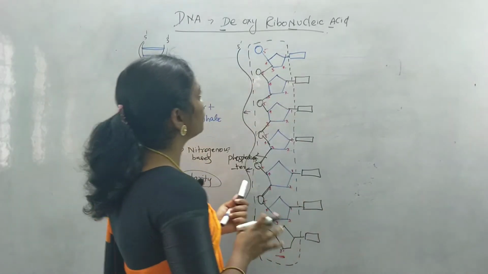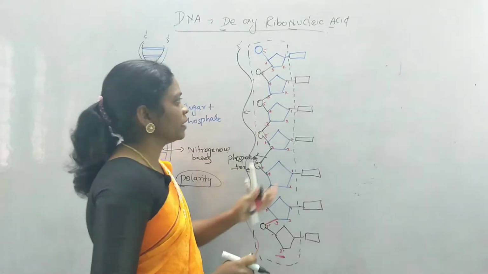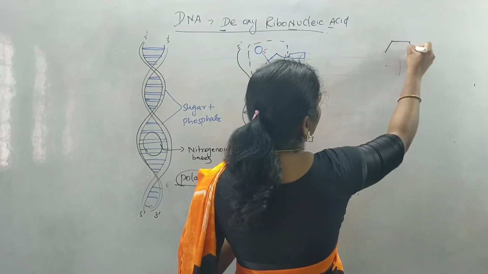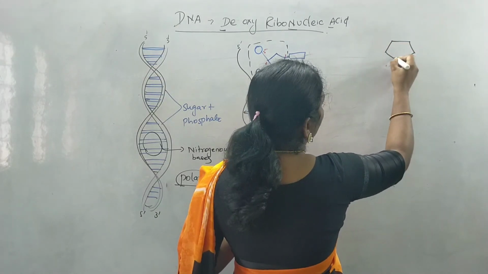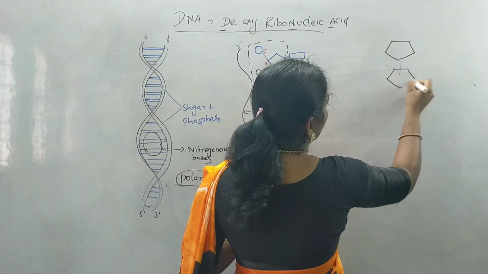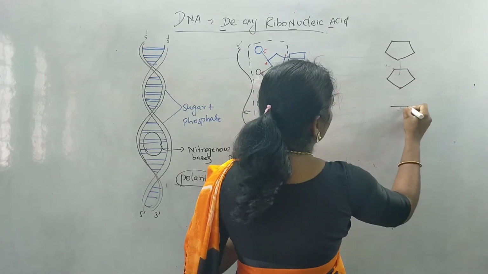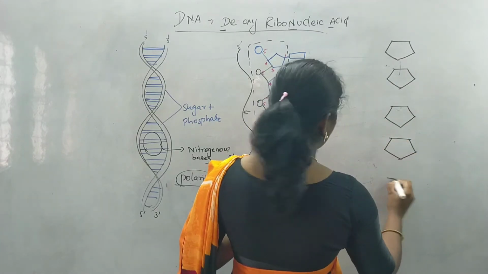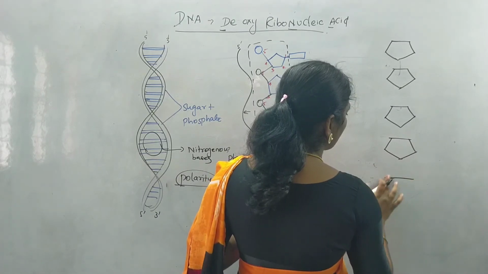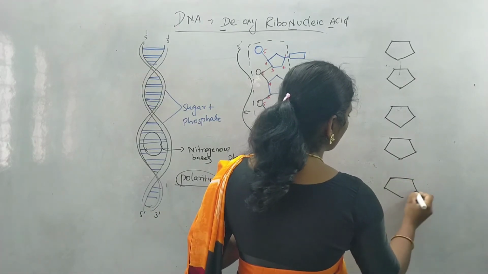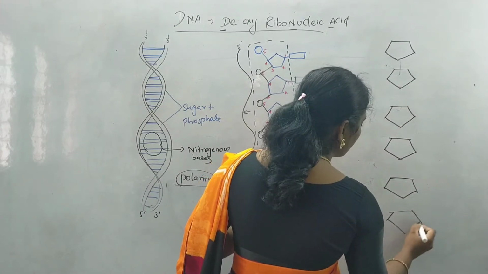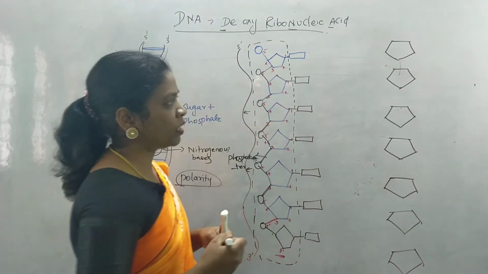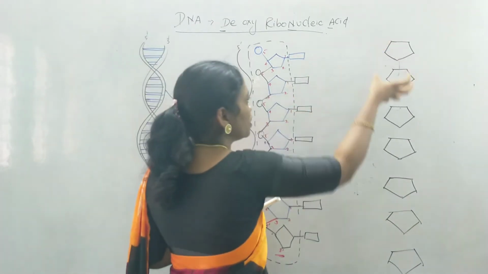We'll draw the other side. We already know it should be anti-parallel to this particular strand, so we'll draw the nucleotides here. It should be anti-parallel, so I am drawing the nucleotide, that is the sugar molecule, upside down.